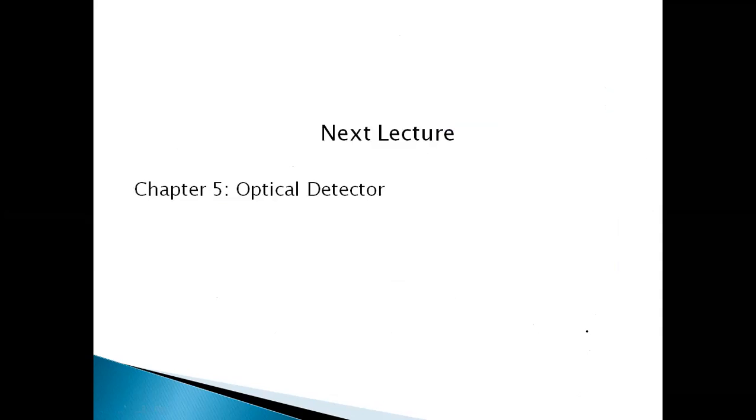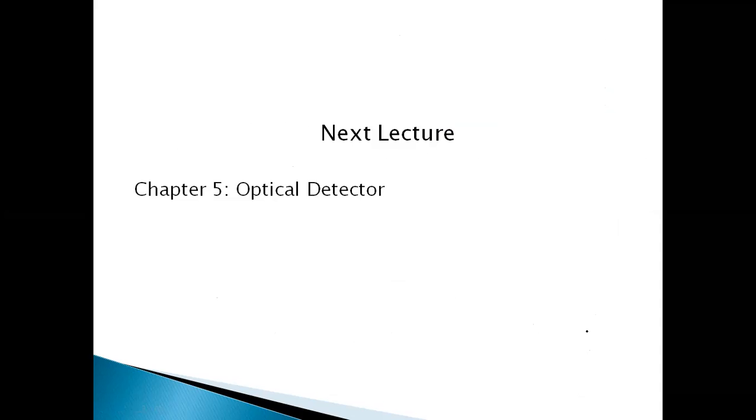Okay, so that's the end of lecture 8, and that is the end of chapter 4 on optical sources. We have covered two types of optical sources in optical communication. The first one is the LED, where we learned briefly the fundamentals and the principle of the LED, and also a brief understanding of the laser diode principle.